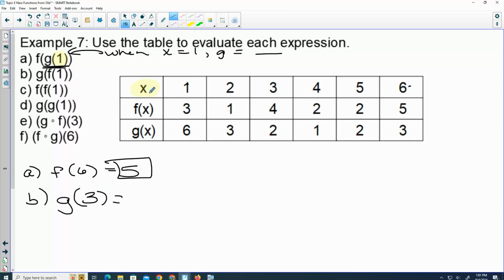So g of 3 says now x is 3. What is g? 2. Are you guys seeing where I'm getting my numbers? So f of 1 is 3, and f of 3 is 4.